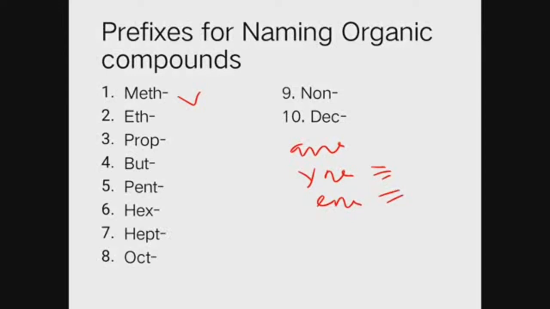So: ane, single bond; yne, triple bond; ene, double bond. These are suffixes. Also, when they act as functional groups, they end with the suffix "-yl". We have methyl, ethyl. As we move forward, you will see what I'm trying to introduce here.